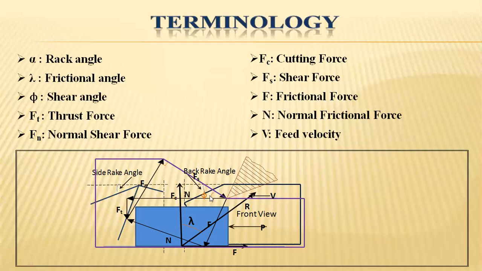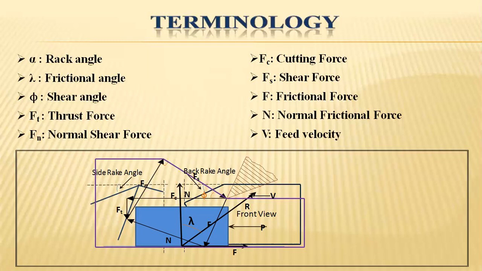Due to the machining process, the material will be deformed up to the plastic range due to the inducement of high yield stresses within the material from the interaction of the tool with the highest force. Hence, the chips will be elevated by the shear forces, and the shear angle is denoted by phi.